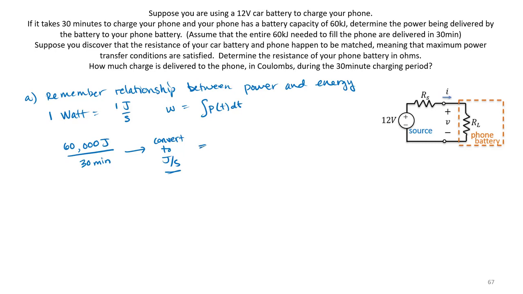So in this case, I have 60,000 joules per 30 minutes, and I know that in every 1 minute, there are 60 seconds. So if I do a short unit conversion, I can determine that I have 33.33 joules per second. That means my power is equal to 33.33 watts.